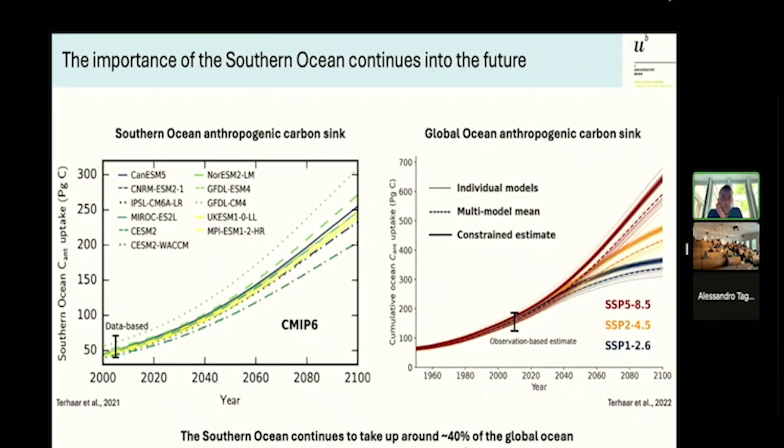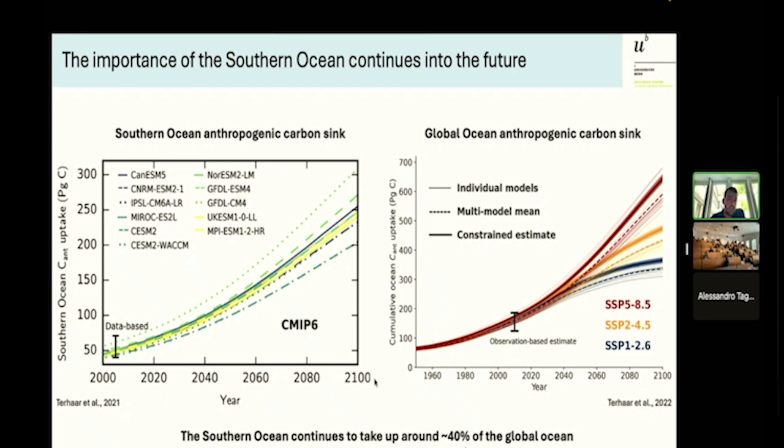This is a plot you've seen yesterday, I think. If I remember, I gave another lecture yesterday as well, so I'm not sure if you saw this. On the left side, there's the Southern Ocean anthropogenic carbon uptake for different CMIP6 models: fully coupled Earth system models with a dynamic atmosphere, dynamic land vegetation, and a dynamic ocean.